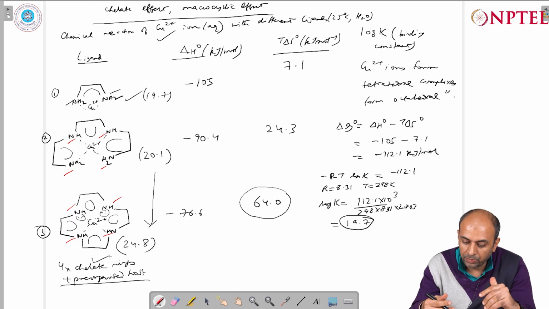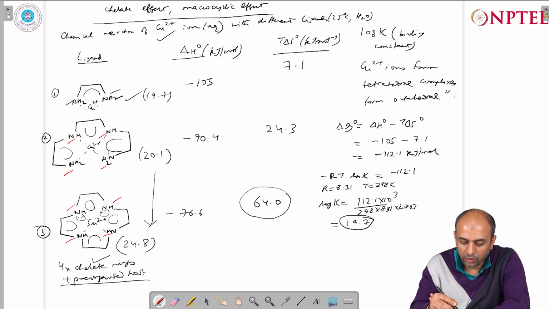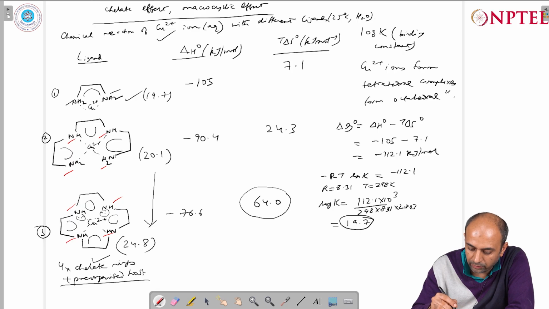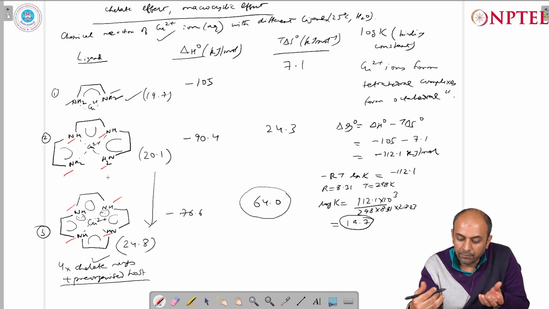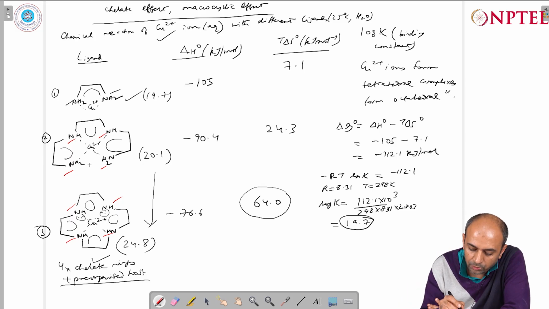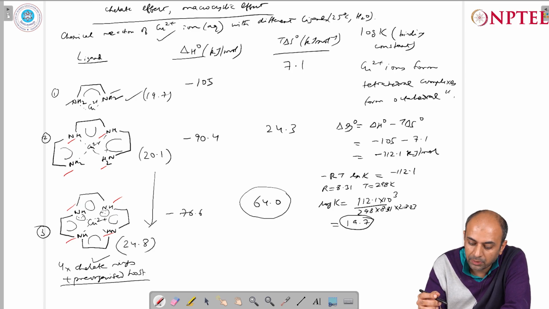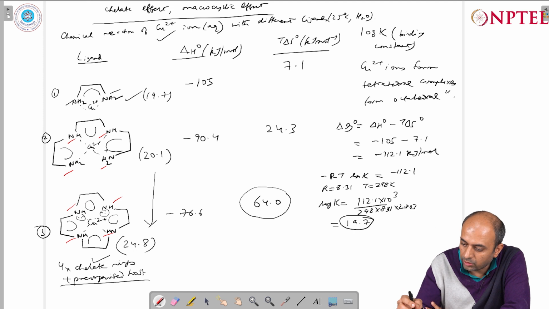However, in terms of the open chain conformation, for example, in this case the conformation has been drawn in a way so that it shows you the one which will be undergoing complexation, but you can also have the open chain conformation where the amino groups are far away from each other, and hence the necessary conformation has to be formed, and that is entropically unfavorable, and that is also reflected in the low value of T delta S0 compared to the value for the ligand 3.